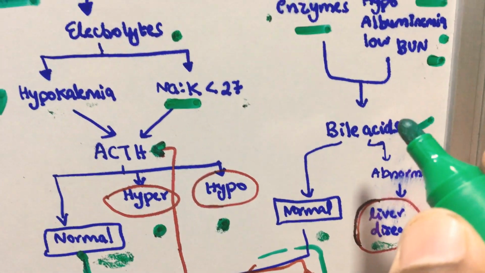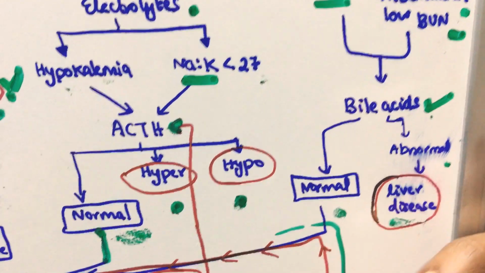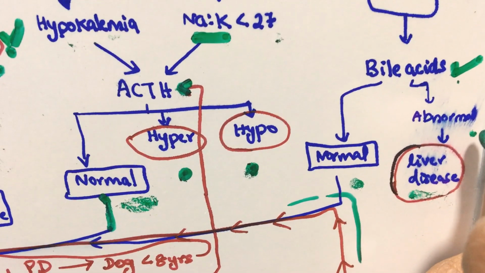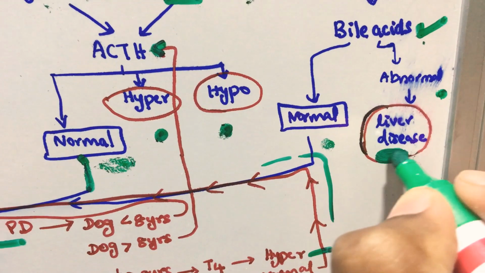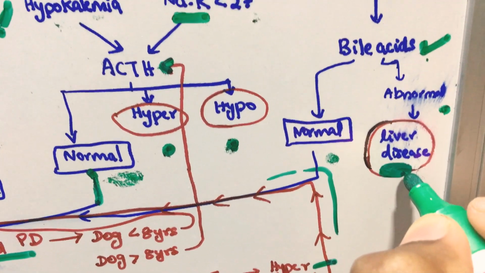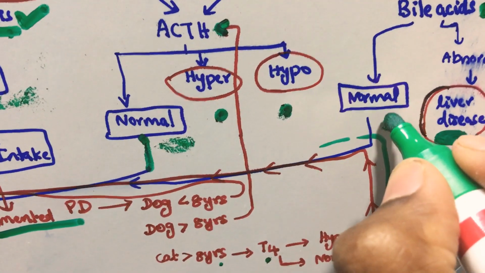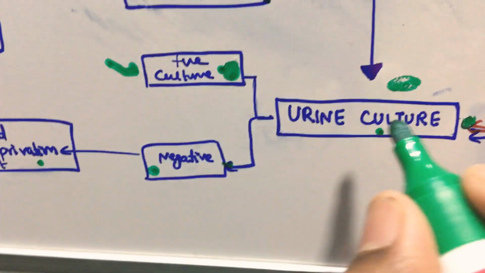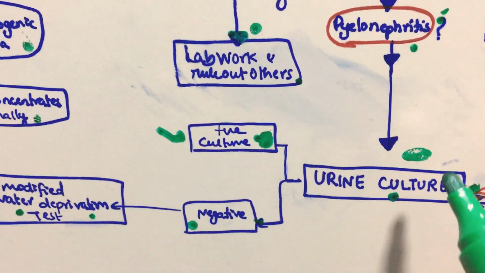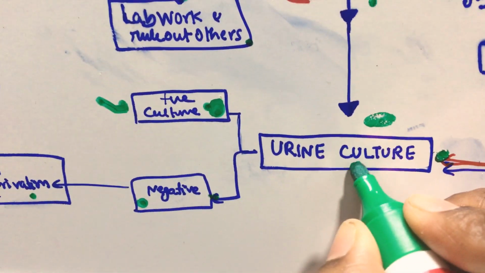You can do fasting and postprandial bile acids. If the results are abnormal, then it correlates with liver disease. You have your diagnosis. Okay, if it is normal, please proceed with urine culture. So everything stops in urine culture.